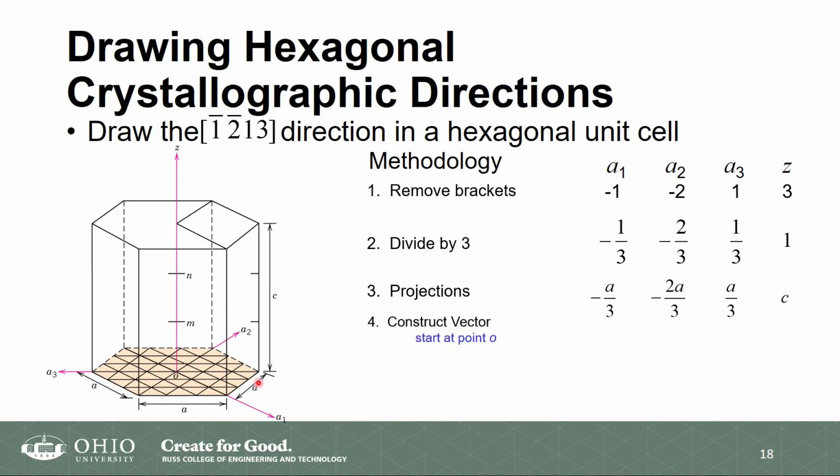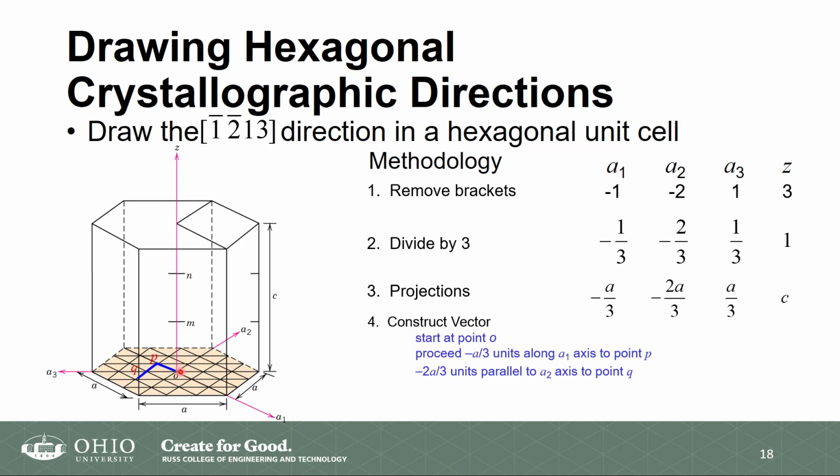So step 1, we start at the origin, as we've talked about before. We're going to proceed -a/3 units along the A1. So this is the positive A1, and because that's negative, we go back -1/3. And then we go -2a/3 for the A2 axis, continuing from that point.